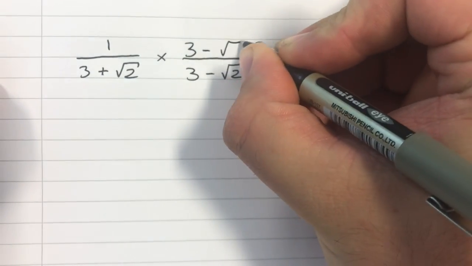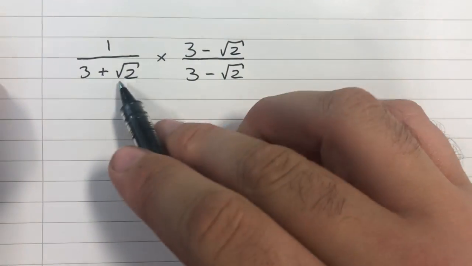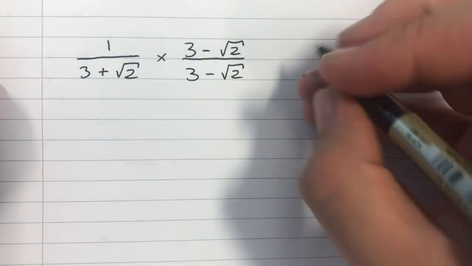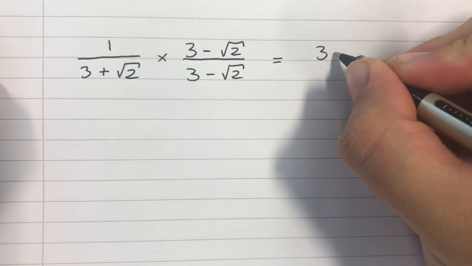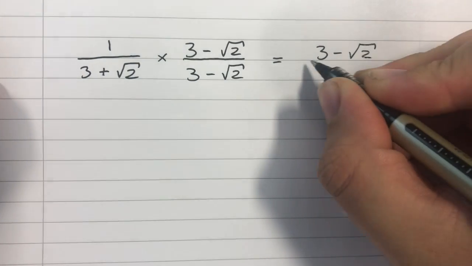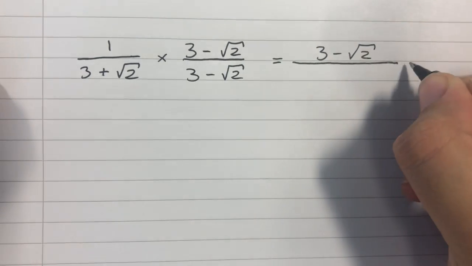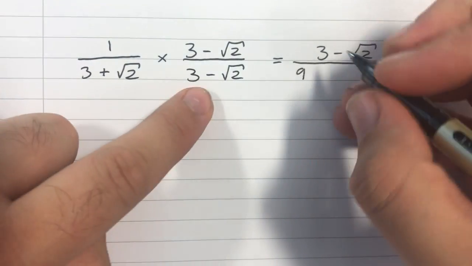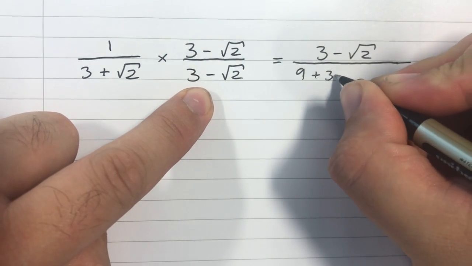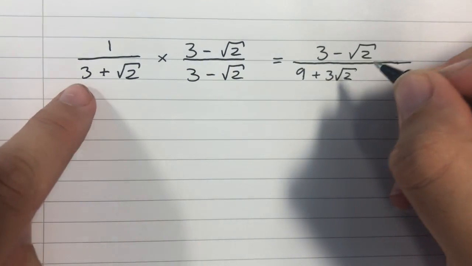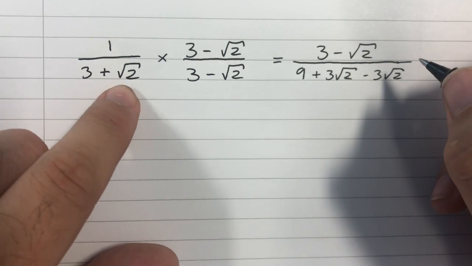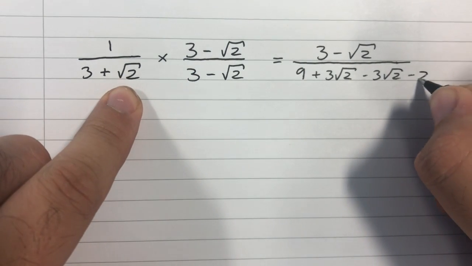So we're going to have 3 minus root 2 on the top as well, just because I want to multiply this fraction by the number 1. I don't want to change the fraction. The top is therefore going to be 1 times 3 minus root 2, which is 3 minus root 2. And the bottom, I'm going to write this out in full, is going to be 3 times 3, which is 9, plus 3 root 2, minus 3 root 2, and then we're going to have minus root 2 squared, which is minus 2.